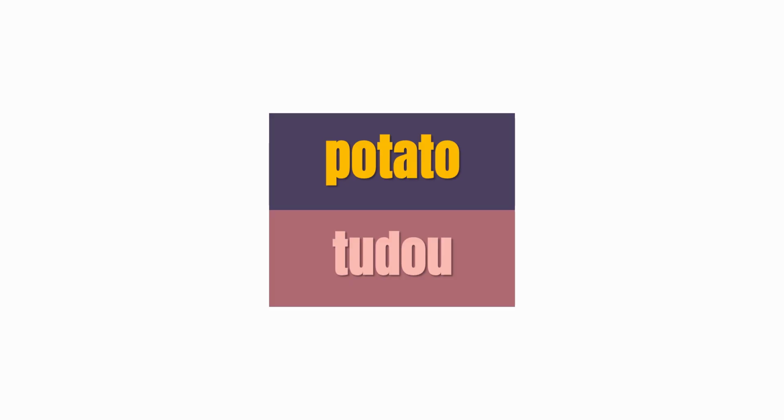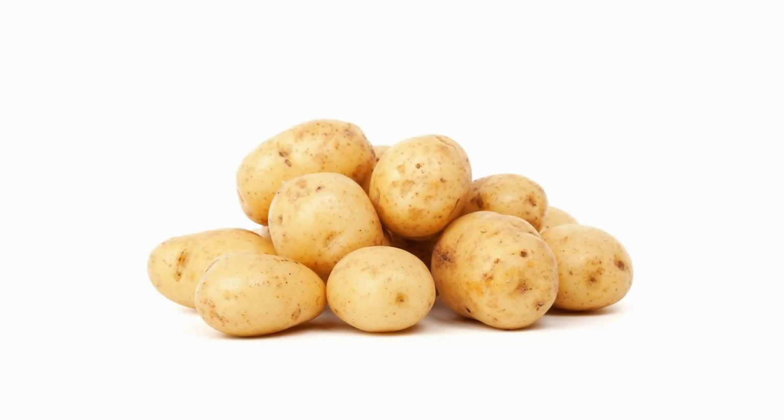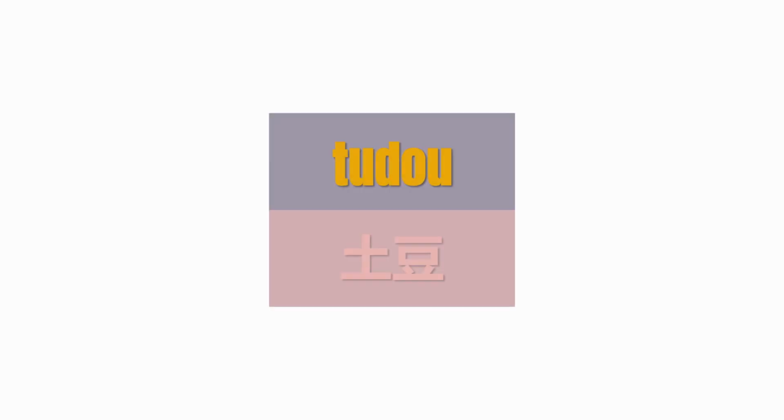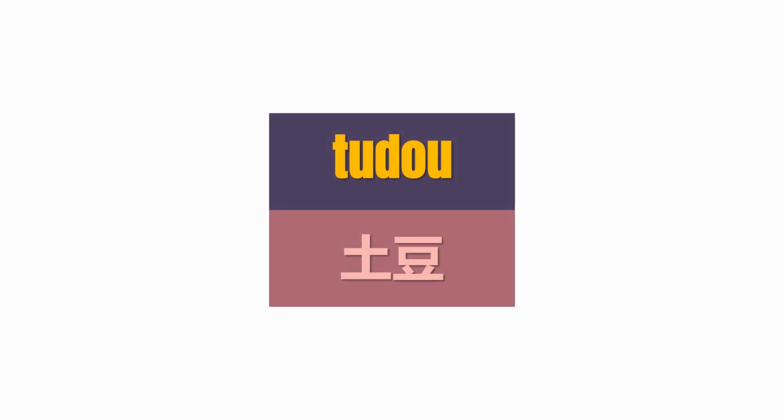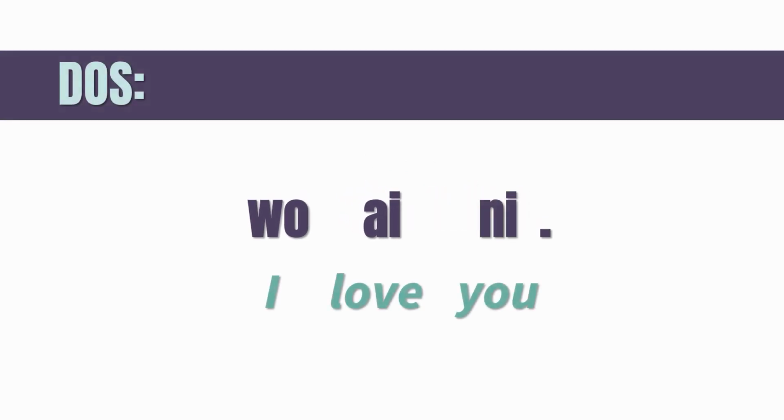First, make sure you have memorized this combination. Potato is 土豆. Make sure 土豆 becomes a vocabulary that you own. Whenever you see this, you say 土豆. Only then you can start with memorizing the characters. And the best way then is to put them into entire sentences, as I already introduced in the first part.